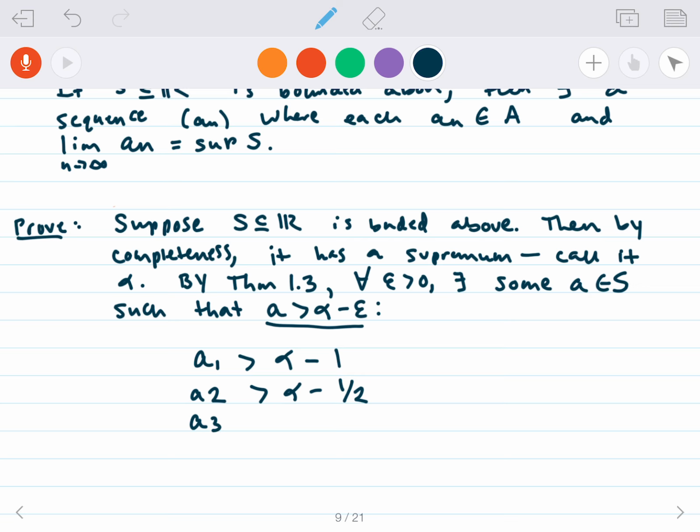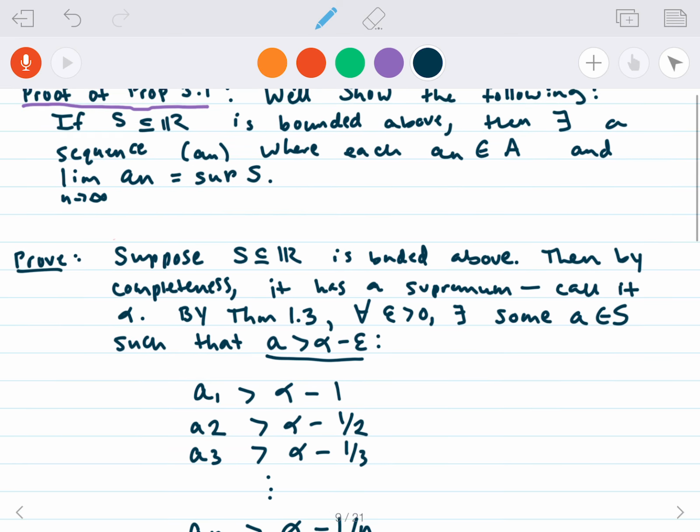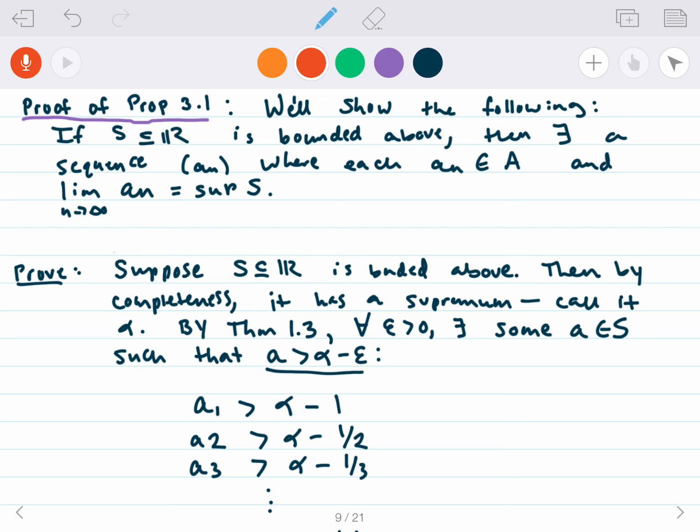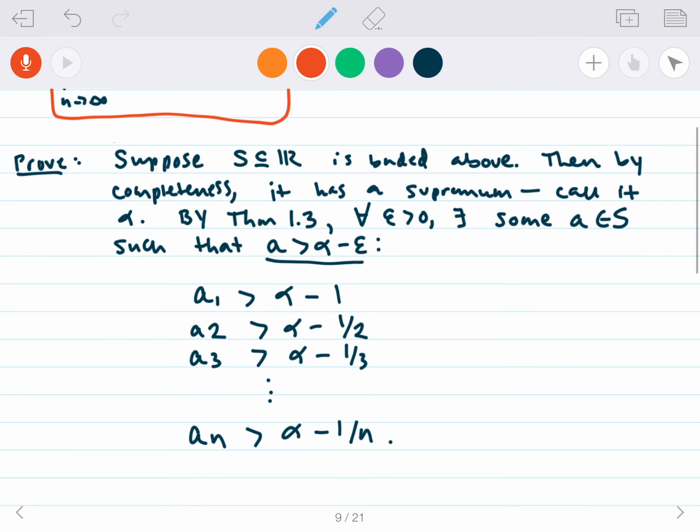And I think you can see where this is going. I give you epsilon equals 1/3, there's an a3 in our set that's bigger than alpha minus 1/3. And in general, you give me epsilon equals 1 over n, there's an a sub n in our set bigger than alpha minus 1 over n. And we're claiming that this sequence a sub n is going to converge to alpha.